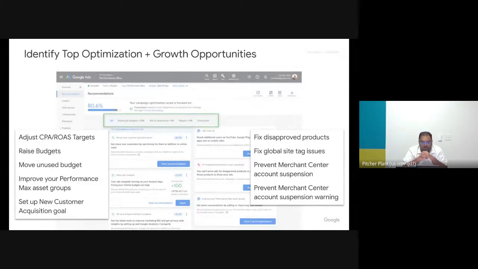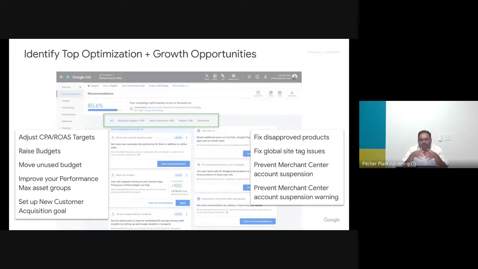Most of the recommendations you might already be very familiar with from channels like search. We mentioned at the top of the presentation that bids and budgets changes can be effective optimization levers, and the recommendations tab is a great way to identify where those changes might improve performance.